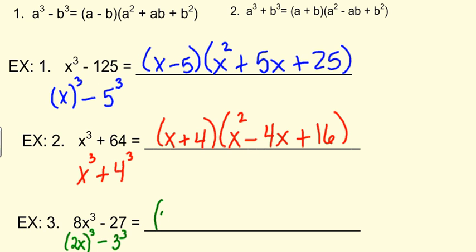So the first factor would be 2x minus 3. The second factor starts with a squared, and if you square 2x, you get 4x squared. Change the sign, plus the product of the two, which is 6x, plus the b squared, which in this case would be plus 9.